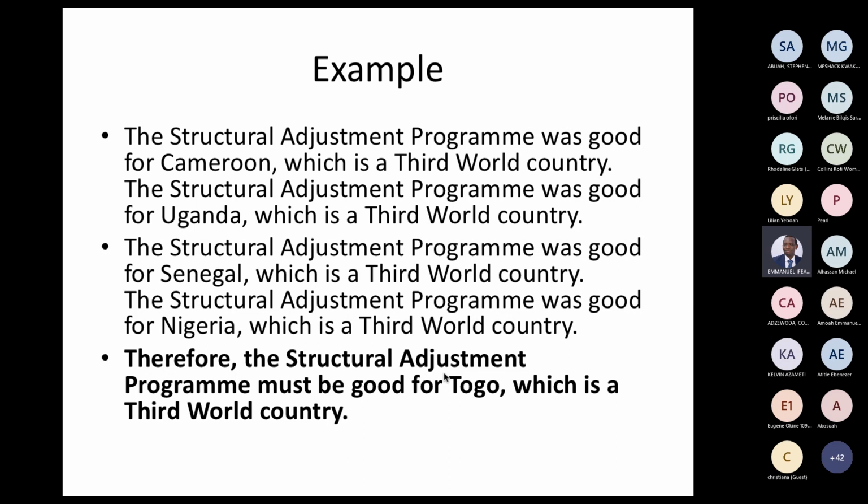If you notice some other property in one of them, it is possible that the others could have it. So just because they are third world countries, if the SAP worked well in some of them, then the conclusion will be that the SAP would work well in the other one. So that's an analogy.